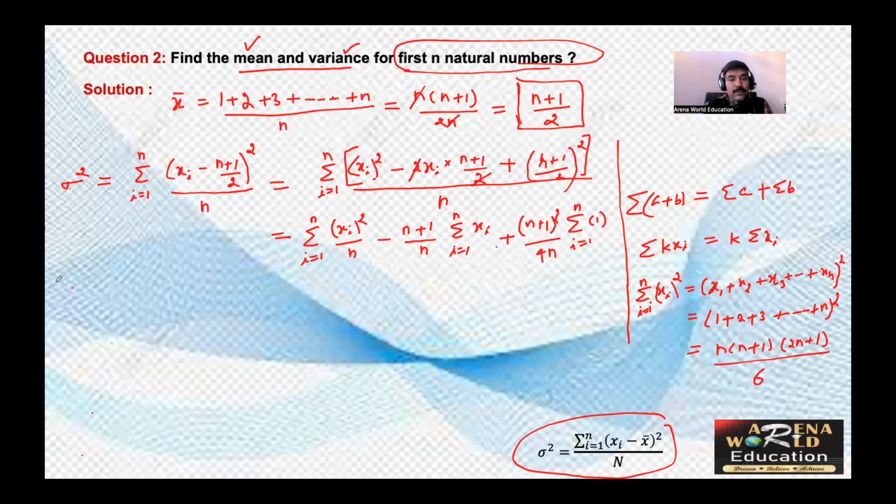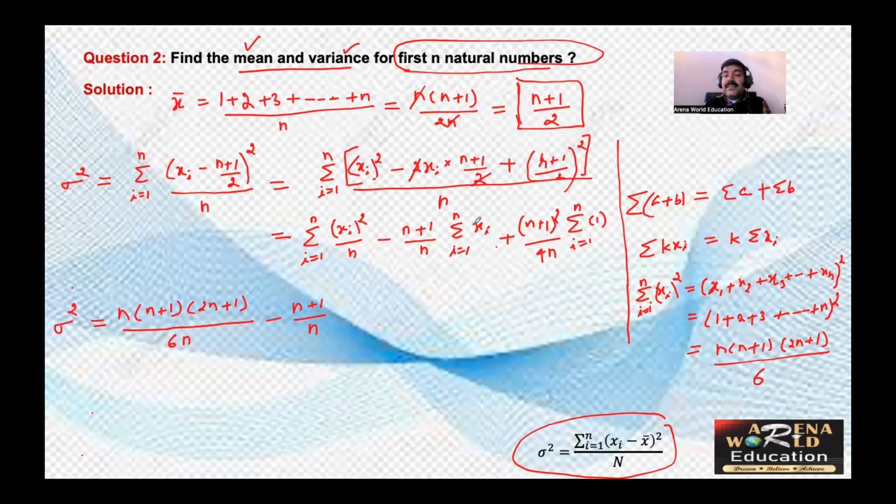So what we will do, look at this one. This variance will be equal to what? This is equal to n into (n+1) multiplied by (2n+1) divided by 6, and n is already there, so this will be 6n. Right? Look at second term. It is (n+1) divided by n and summation i equal to 1 to n xi. We had already calculated this one.